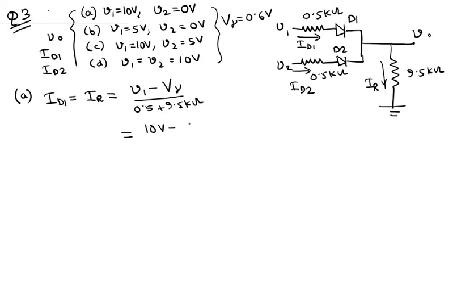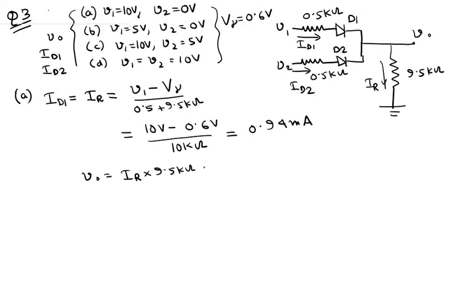So this is equal to (10 volts minus 0.6 volts) divided by 10 kilo ohms, which gives me 0.94 milliamps. So V0 is basically IR into 9.5 kilo ohms.